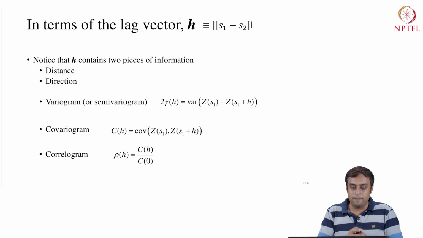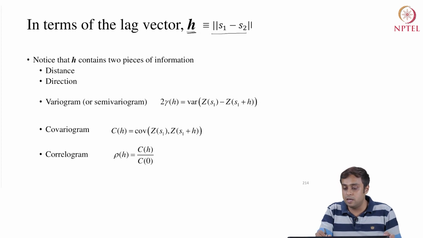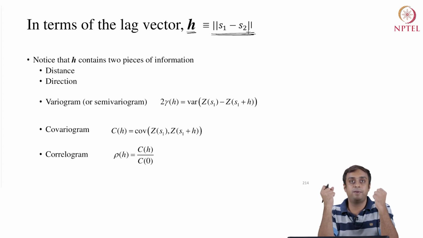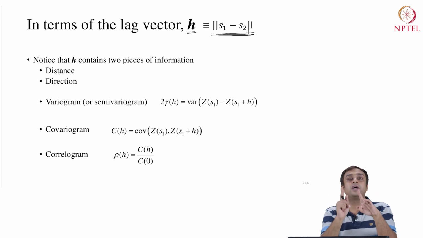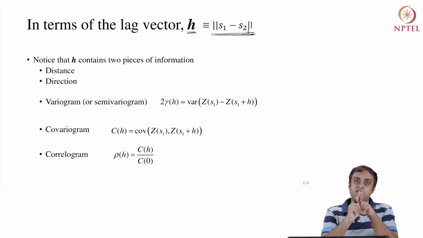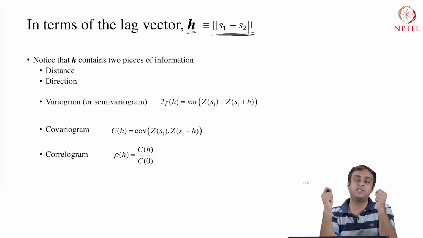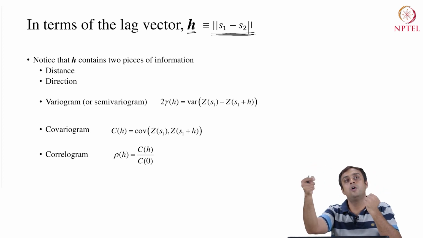Now, one thing that we see here is a lag vector H. H is a vector, as seen during discussions of stationarity, the L2 norm or the distance metric between two location vectors S1 and S2. H always will contain two pieces of information. One is the direction: when we look at a pair of observations, what direction are we moving when moving from S1 to S2 or S2 to S1.